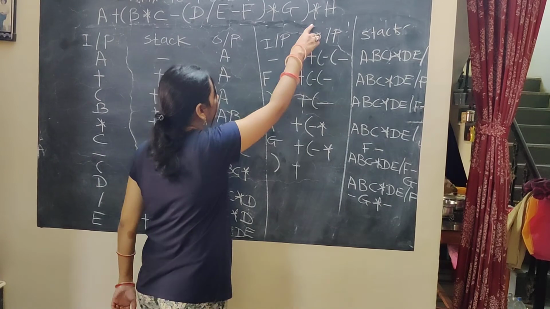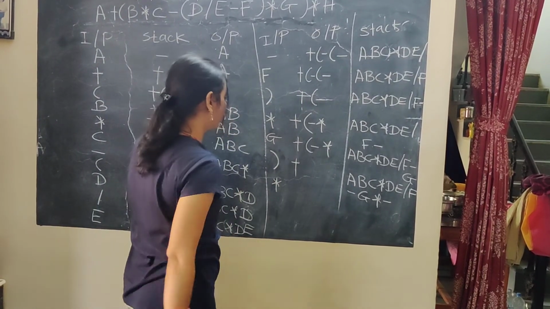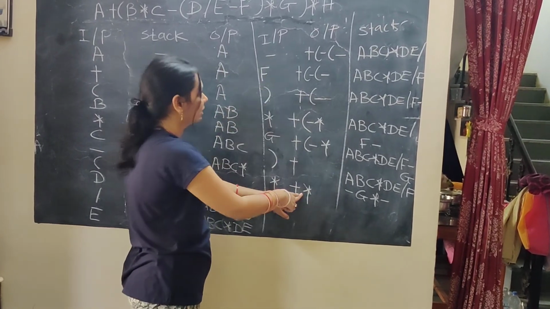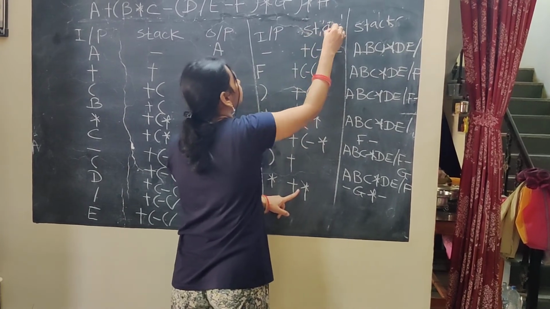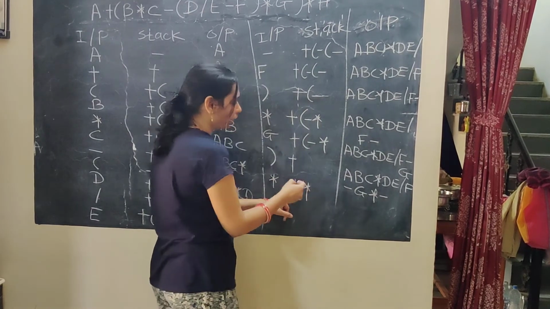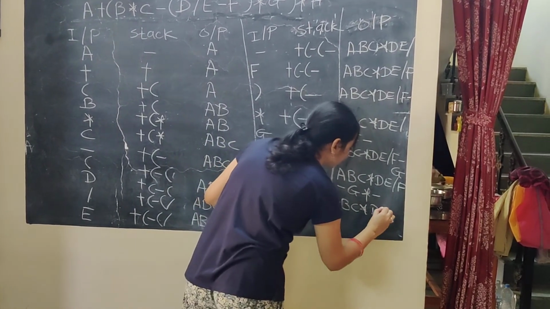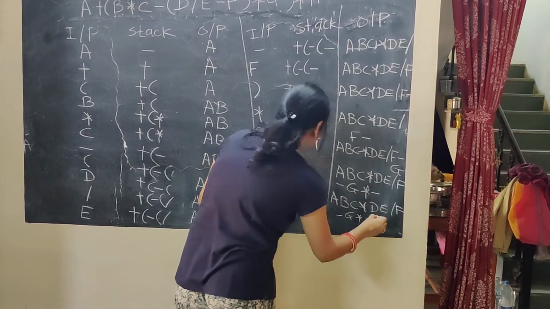That is the multiplication operator. So it is moved to the stack. This is stack and this is output. The expression is the same, slash F minus G star minus.